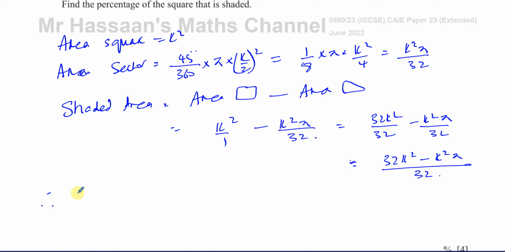So we can therefore say that the percentage that is shaded is going to be this area, 32k squared minus k squared pi over 32, divided by the area of the square, which is k squared.